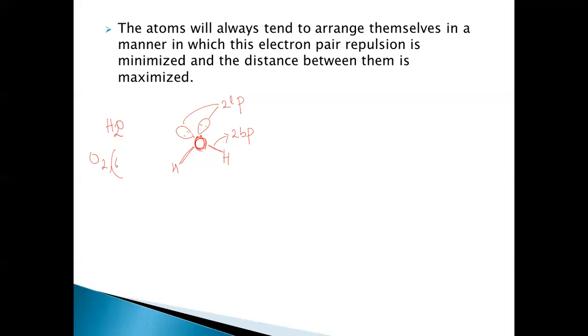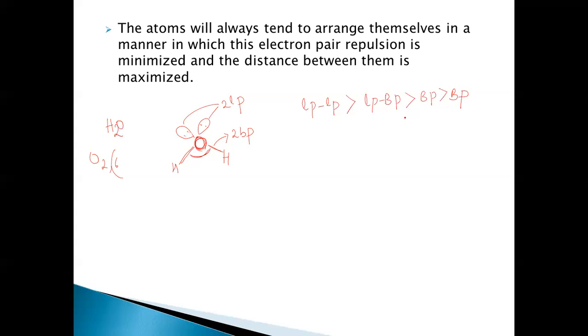They try to occupy more space around this central atom. So there will be repulsion between these lone pairs of electrons. I agree that there is a repulsion between bond pairs of electrons also, but lone pair repulsions, I write it here, lone pair repulsions are more than lone pair bond pair repulsions, which are further more than bond pair repulsions.